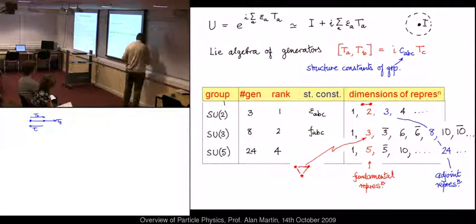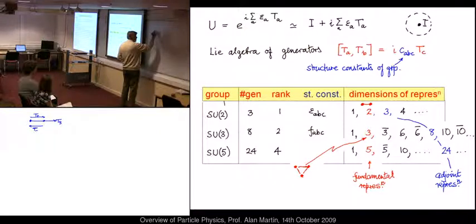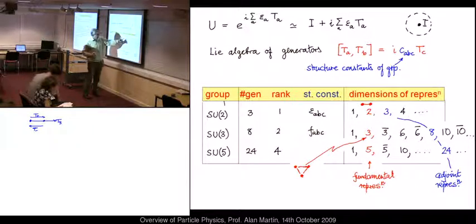This is like Tx plus iTy, Tx minus iTy. So those are the three generators. Only one is able to be diagonalized at once, and that's T3, and we've plotted it here.